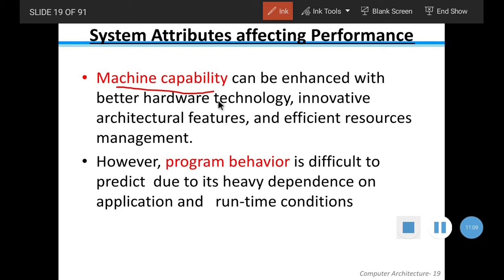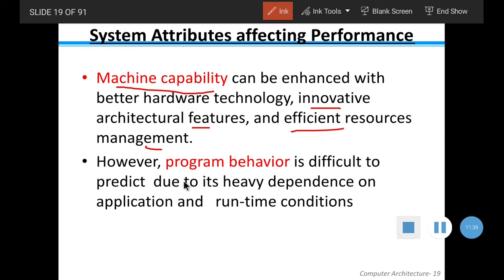We can upgrade the hardware, we can upgrade the hard disk. So by adding hardware, the system can be enhanced. Similarly, innovative architectural features also increase the machine capability, and efficient resource management is also very important for machine capability.